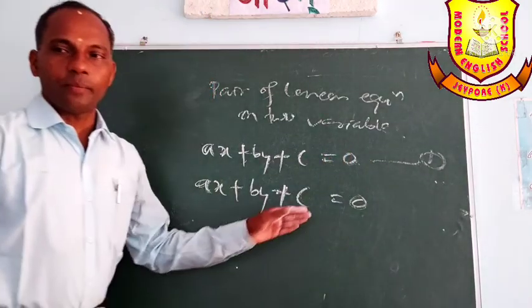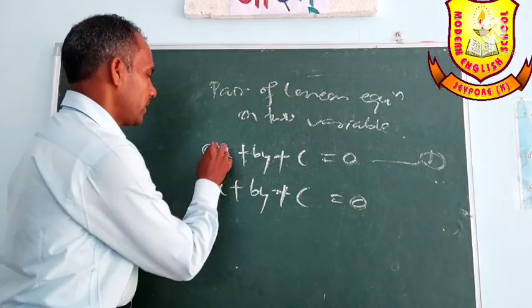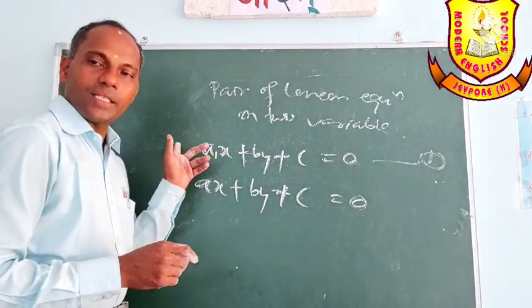As both are the same form, what we will do is take A1 as the coefficient of X in the first equation, B1 as the coefficient of Y, and C1 as the constant.